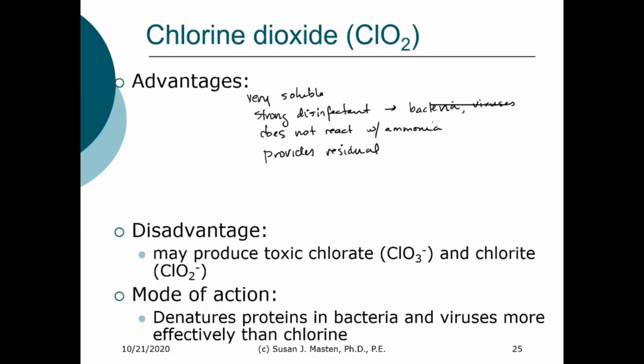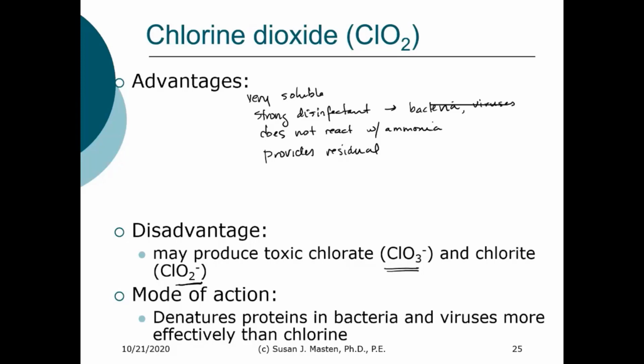The main disadvantage is you're conducting those reactions on site, and if you're not very careful in managing those reactions, you can produce chlorate and chlorite, which are toxic. So you don't want to produce either of those.